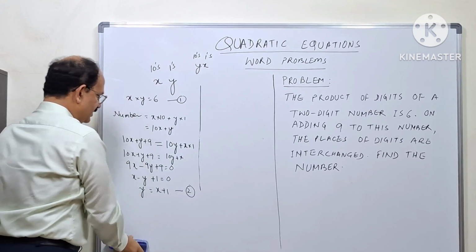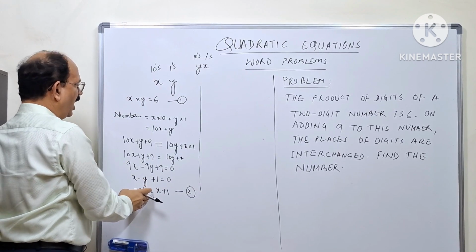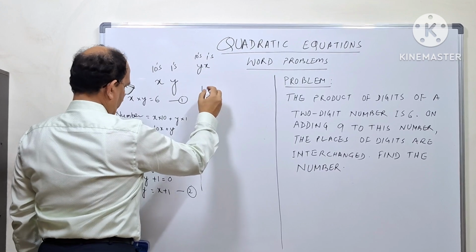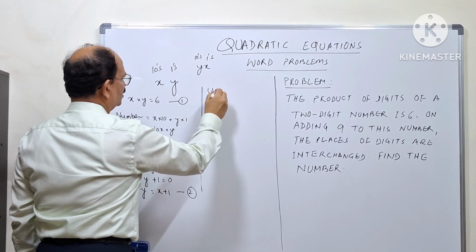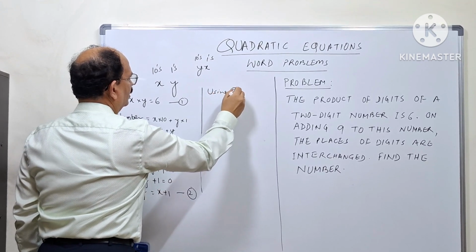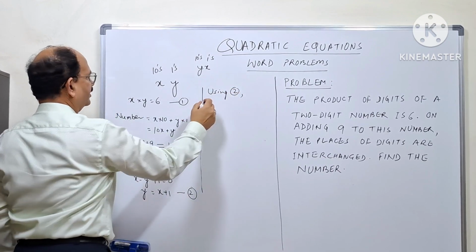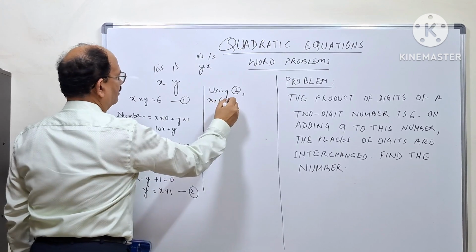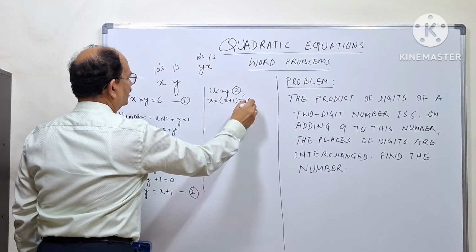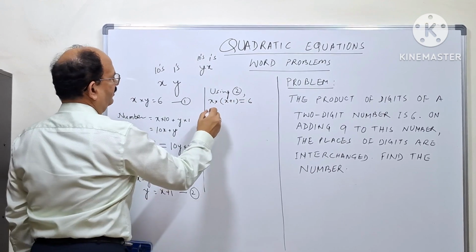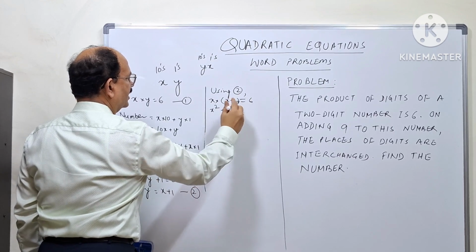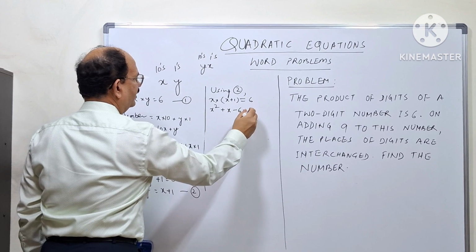Now let's try putting y into this first equation. Then what happens? Using equation 2, we can write x multiplied by y, which is x plus 1, is equal to 6. So then we can write x square plus x, and this 6 we brought to the left side.